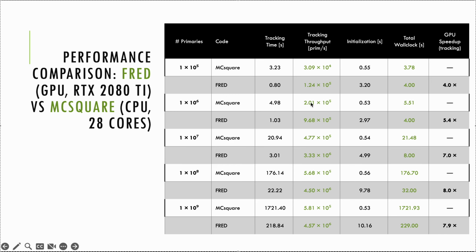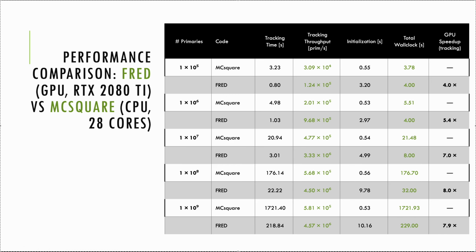What else do I see? At least here the magnitude is 10 to the power 4 and here 10 to the power 5, almost 4 times faster than MCsquare for Fred at 100,000 particles. For 1 million, the speed increases because of the GPU, and usually it stays somewhere around 8 times.